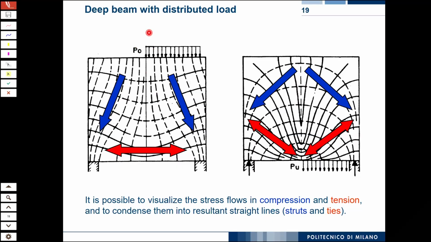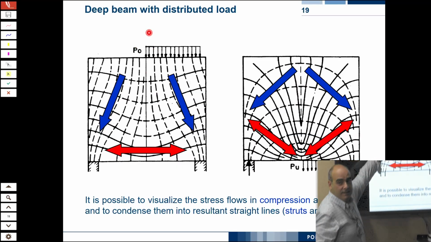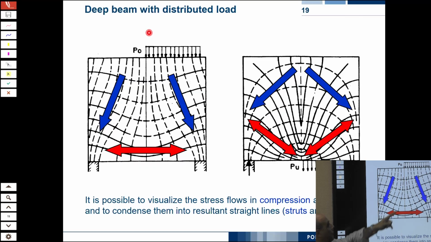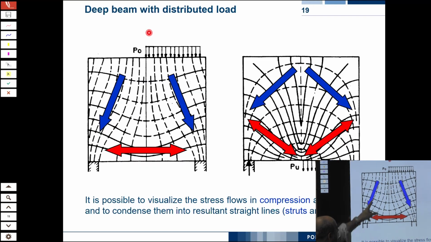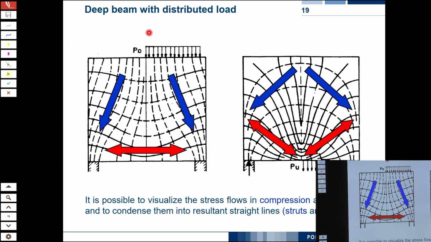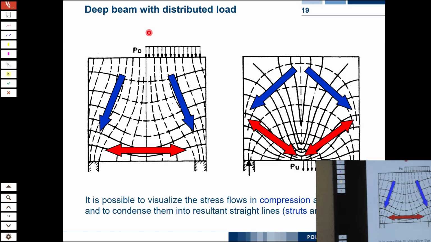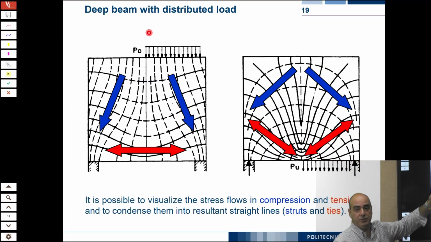So you can imagine that here there is a strut. And how do you idealize it? Well, you pick up half this length, you put a force in the middle, and draw a straight line down to the middle of the support. This could be your strut middle line. And the same happens on the other side of the beam. But then you have two inclined forces here. You see the blue arrows.